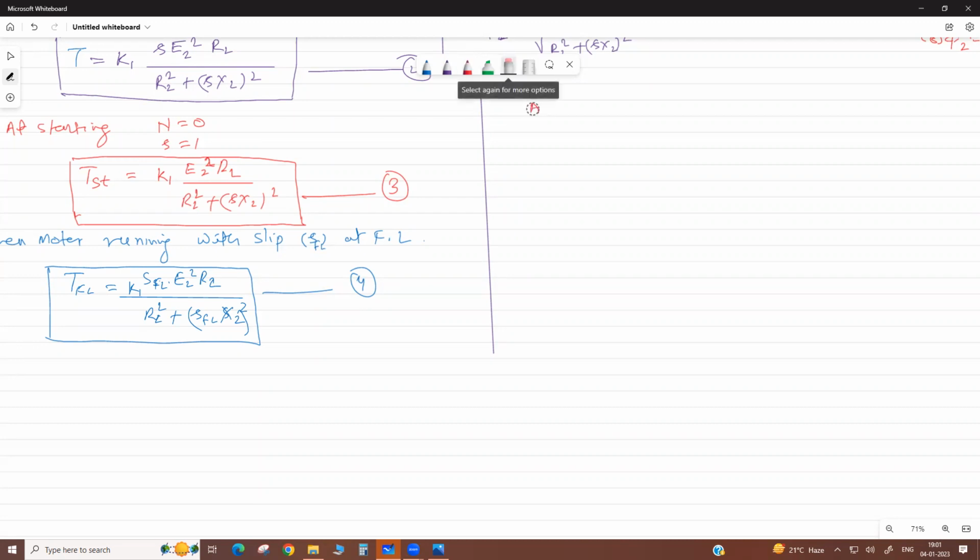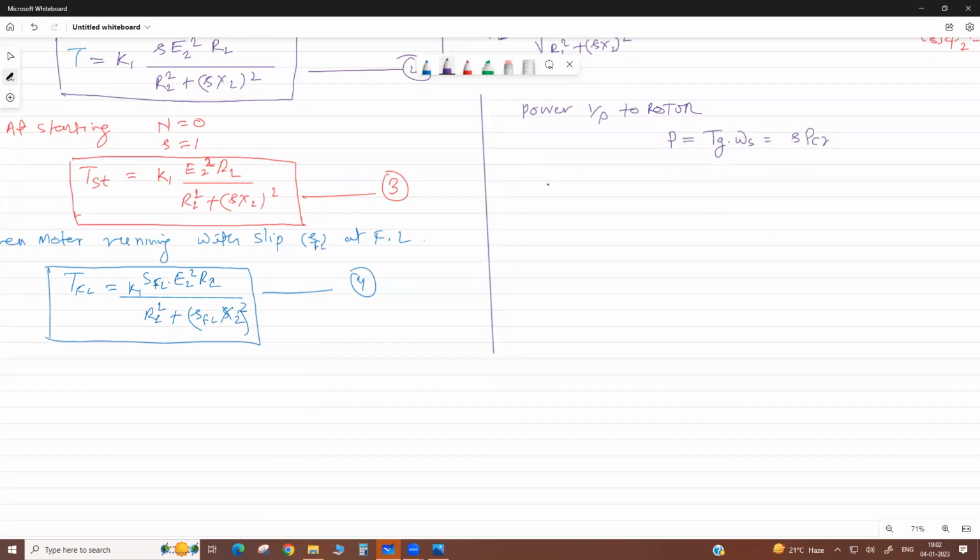The power input to rotor, P2, equals Tg, the gross torque, into omega S. Or we can also write it as slip times the rotor copper loss.